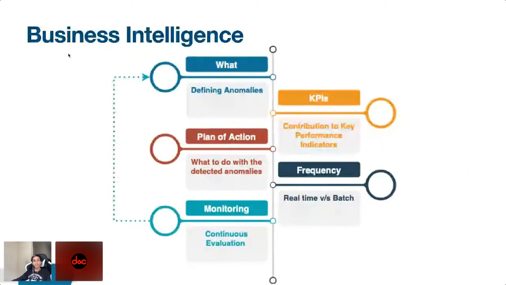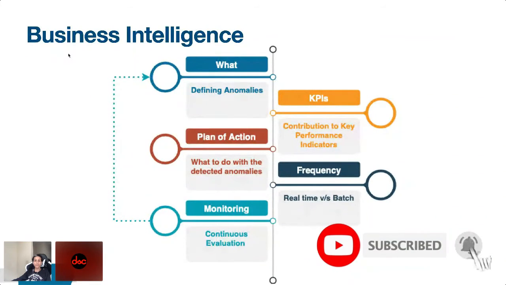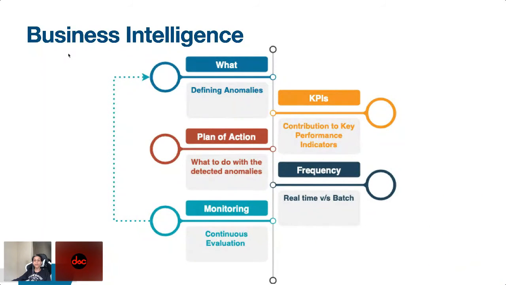So what are the things that we need to cover in the business intelligence section of the data science pipeline? We need to start with defining what an anomaly is. What is an abnormal behavior for our business use case? For example, if we want to detect fraud in bank transaction over phone, let's say my rule is if the voice of the caller doesn't match at least 95% of the actual owner of the account, I will classify that as an anomaly.